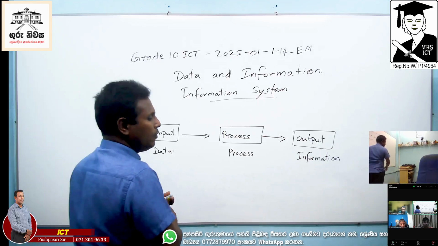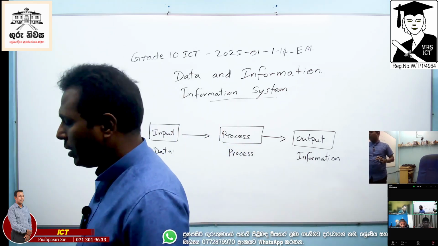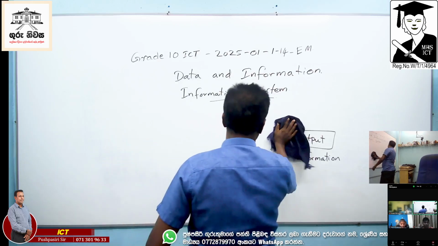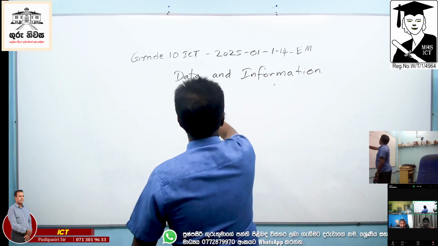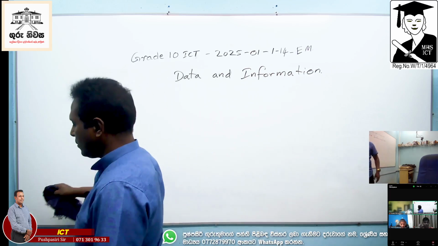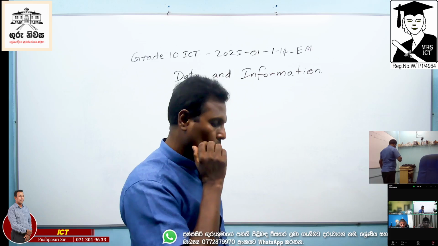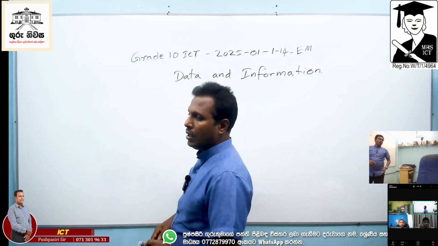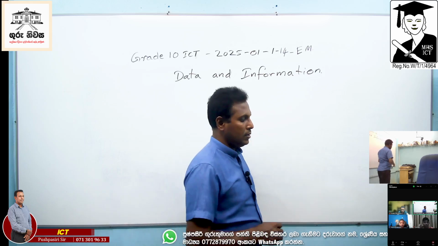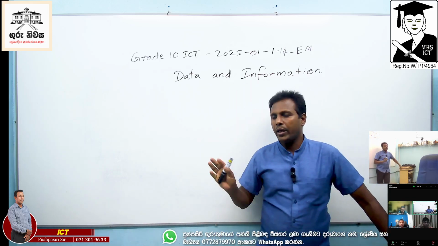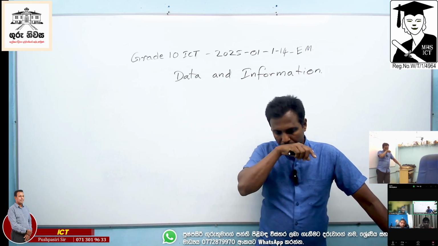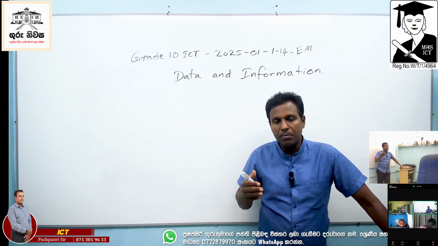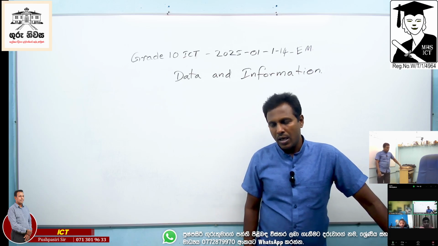Why we need information? Just a subheading something like that, right? Why we need information? Under that you can write down: information must be processed. Information must be made.